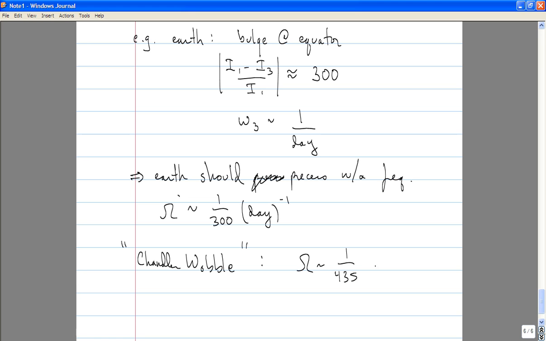So we're off by 30-40% here. And the observed amplitude is actually absolutely tiny. It's only around a 10-meter displacement from the North Pole. So the axis of rotation, which you would have thought was exactly the North Pole, in fact precesses around the North Pole with an amplitude of around 10 meters and a period of slightly longer than a year. Okay. Any questions on that?